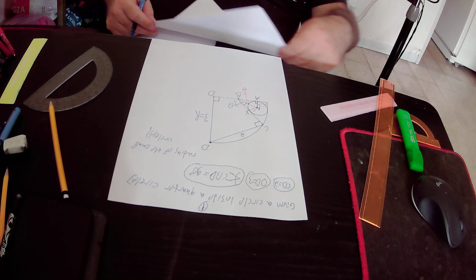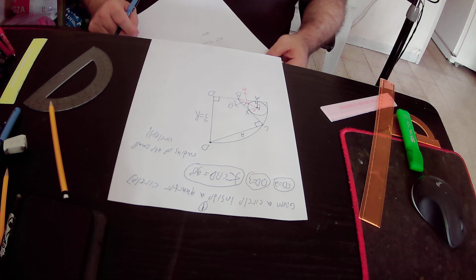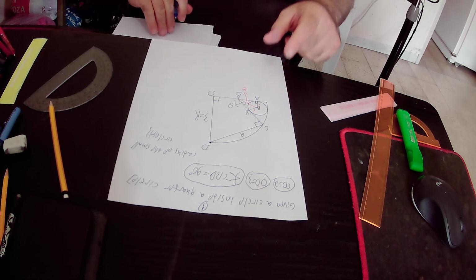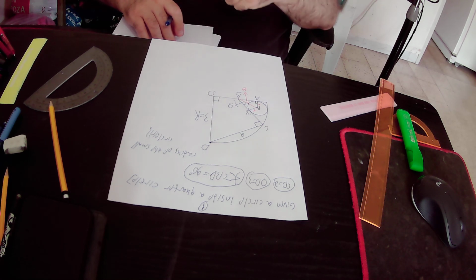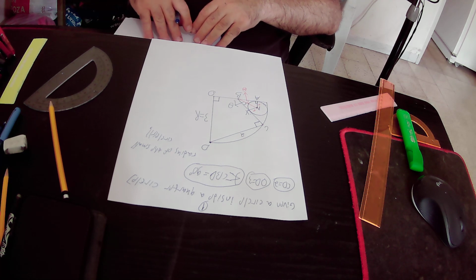Okay, so in the next step we will extend line segment CB and line segment DO until they intersect with each other, or until they touch each other.